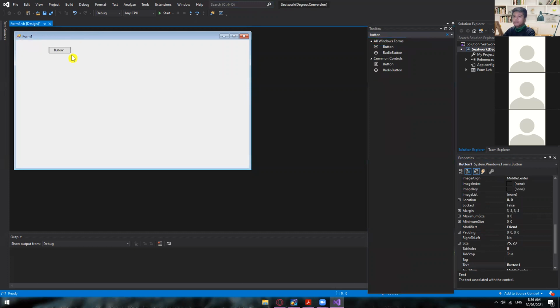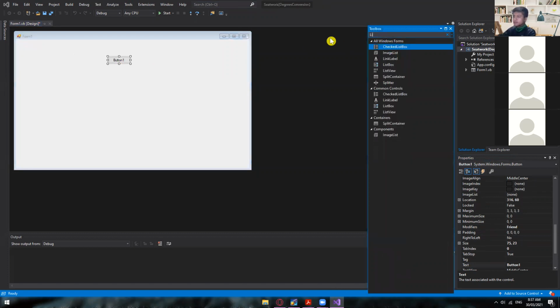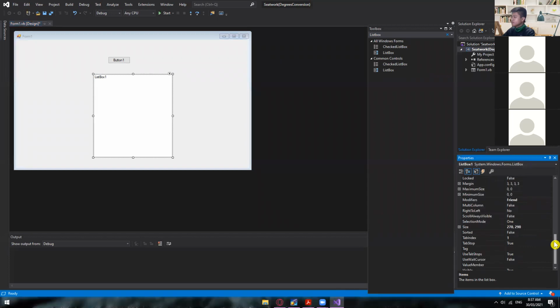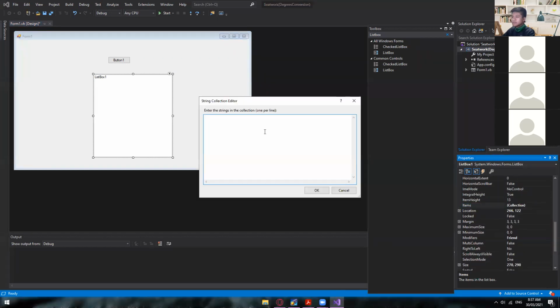Button and a list box. Okay, and we'll put the labels already. So number, is it number? Degree. Degree, tab, and then sine, and then another tab, and then tangent.